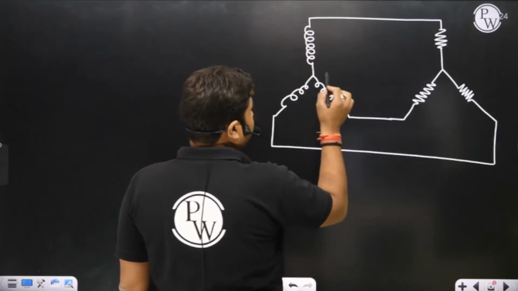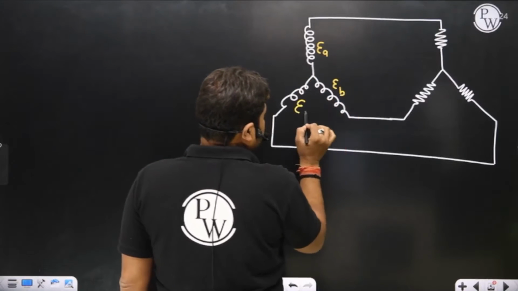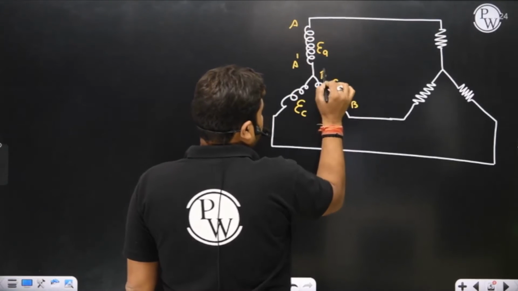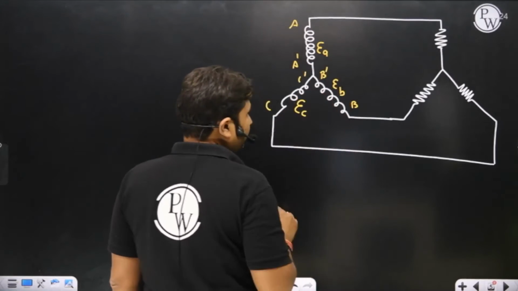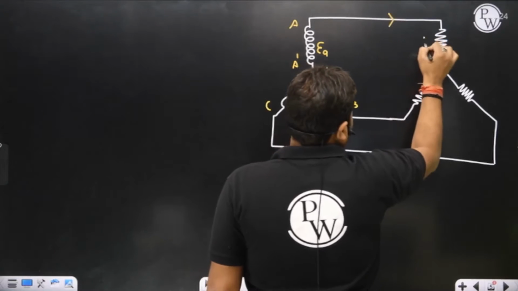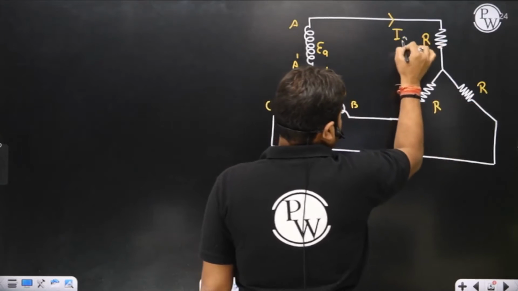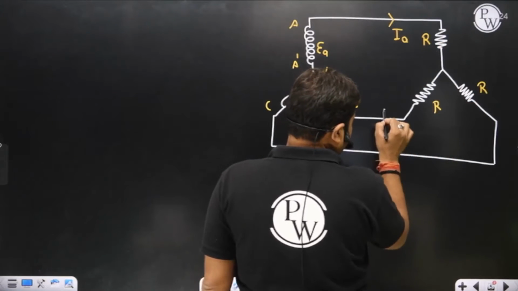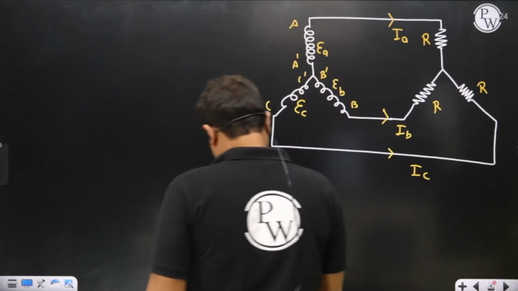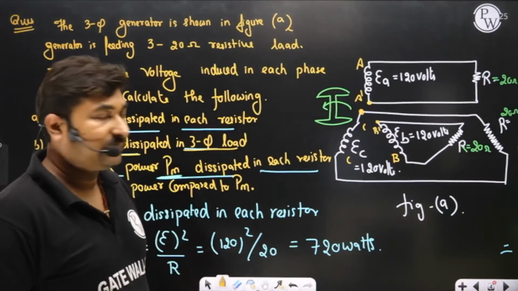Where we have EA, EB and EC as the effective values across AA dash, BB dash and CC dash, and the effective currents across the resistors of 20 ohm are IA, IB and IC. Now please observe, please try to understand why I have represented it in this way.